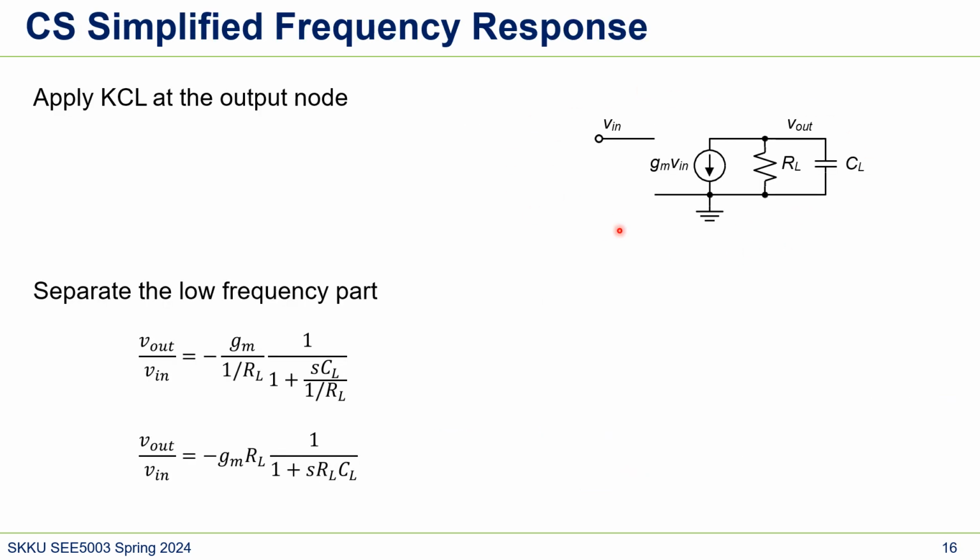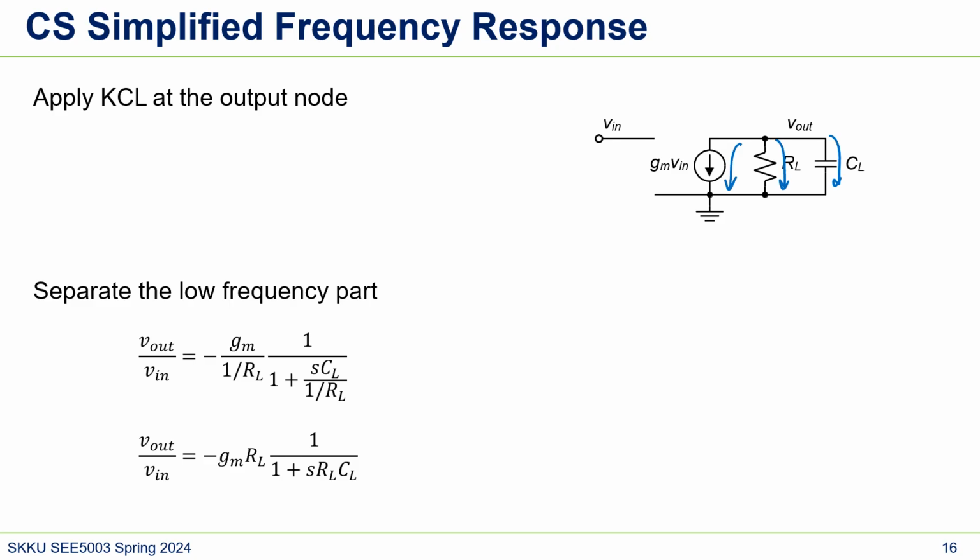With this small signal model, we're going to calculate our transfer function by using KCL. What KCL means is that at a single node, the summation of all the current flow is 0, right? So the sum of the currents flowing here, here, and here must be 0.